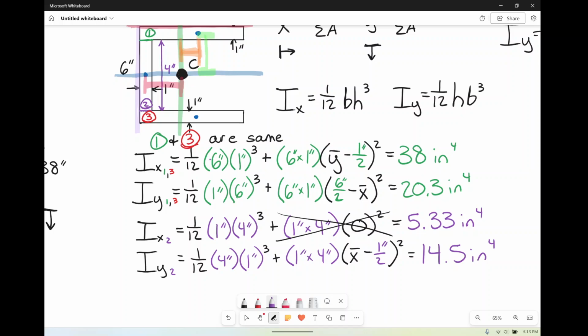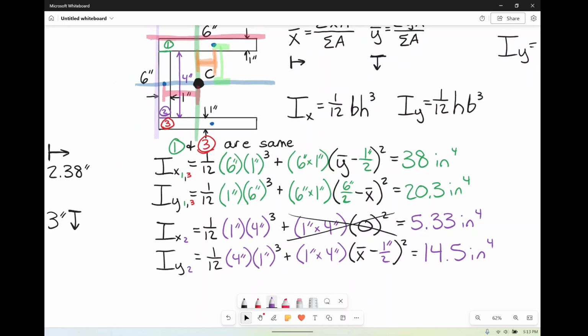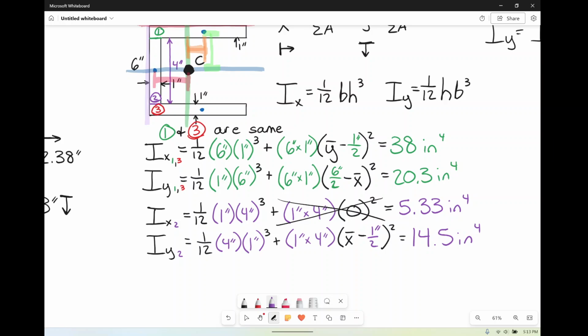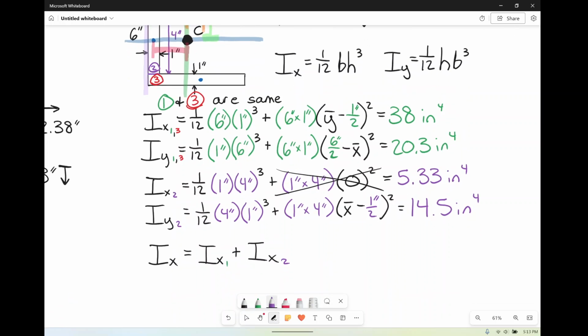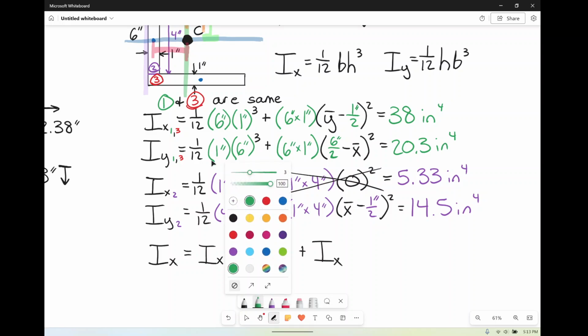So okay, now what do we do now that we have all 3 of our rectangles, remembering that 1 and 3 are the same? Because it's a composite body, we're going to simply sum it all up together. So if I want Ix for the shape, I'm going to do Ix for 1, add in Ix for shape 2, and then add in Ix for shape 3.